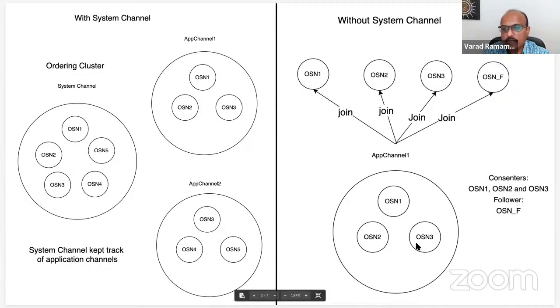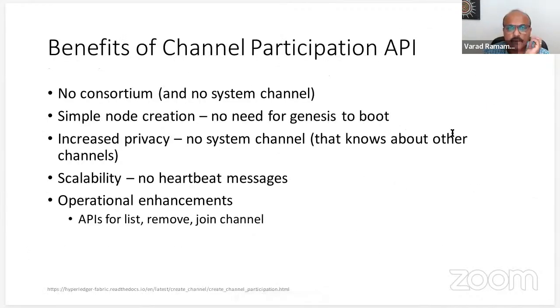So that's one of the big benefits. It's a truly distributed architecture where there is no single entity, like system channel, that knows about and manages everything. So that's the big benefit.